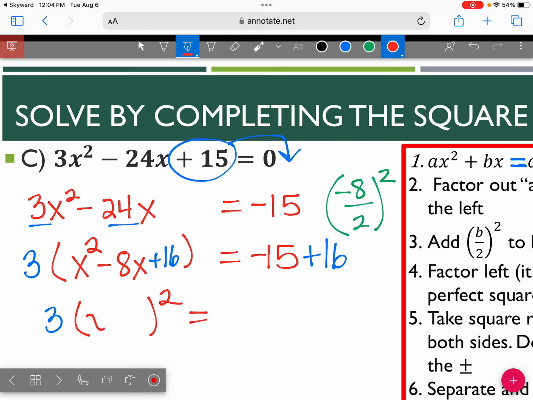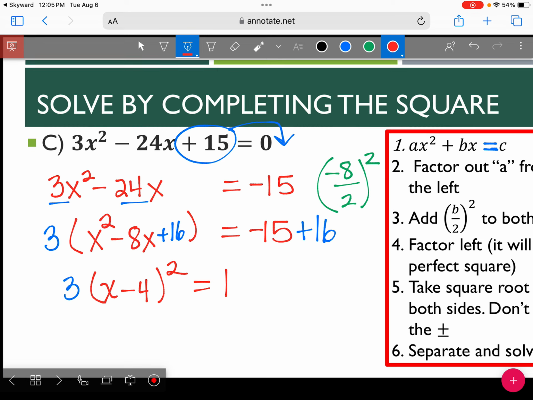So again, this is always going to factor down to half of this number. So the two numbers that multiply to 16 and add to negative 8 will be half of this number, which is negative 4. And then what do you get when you add that negative 15 plus 16? You get 1.